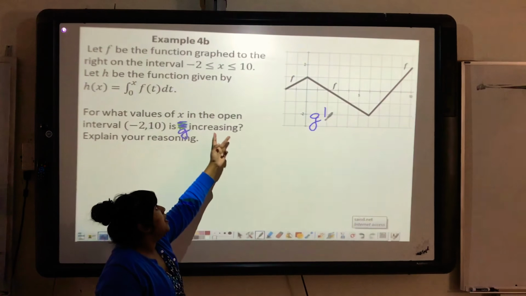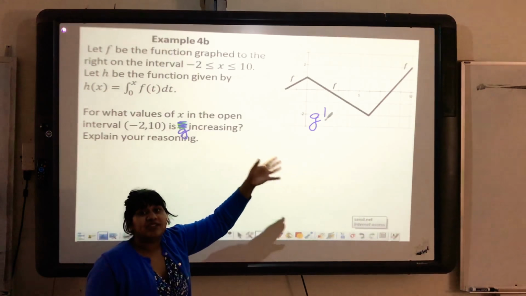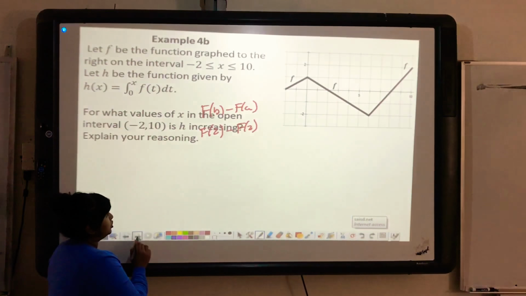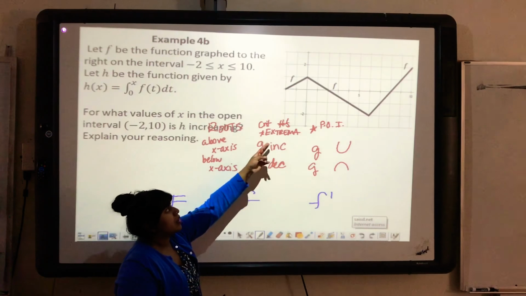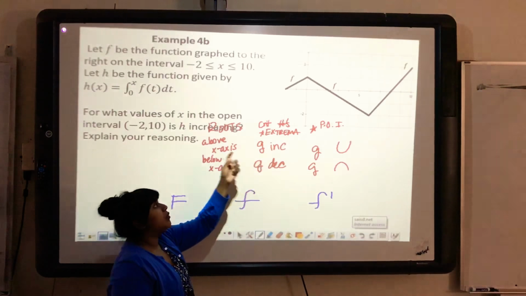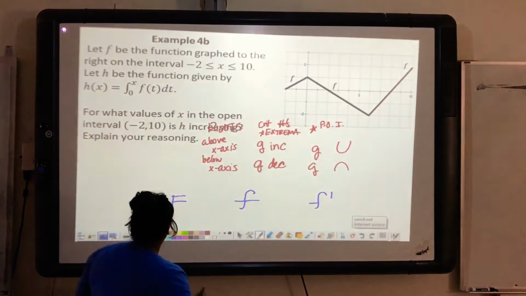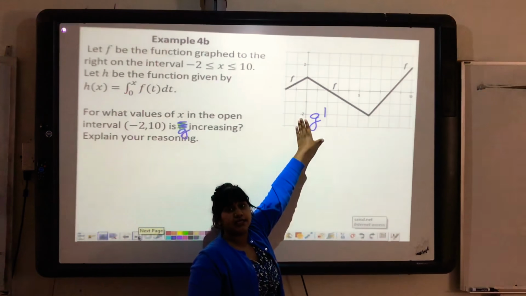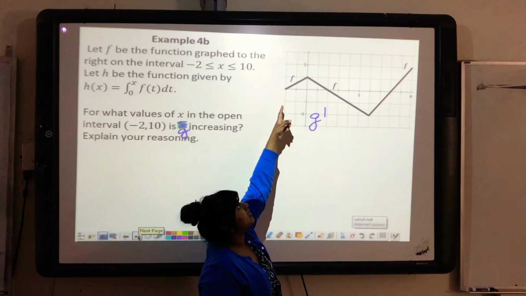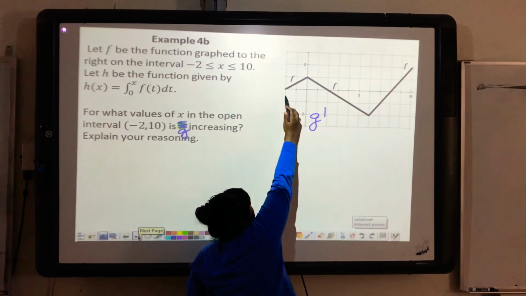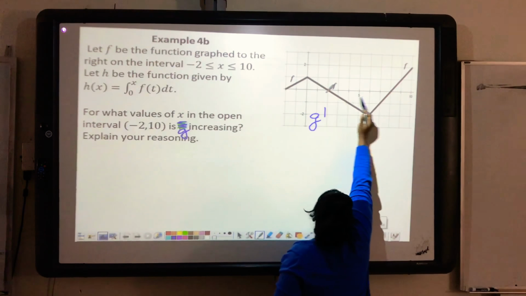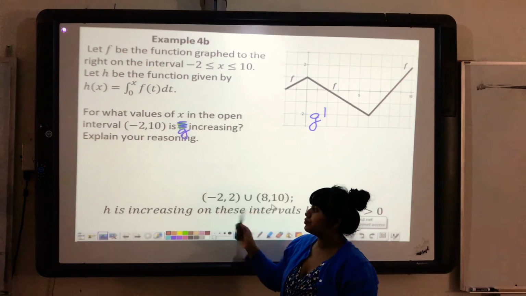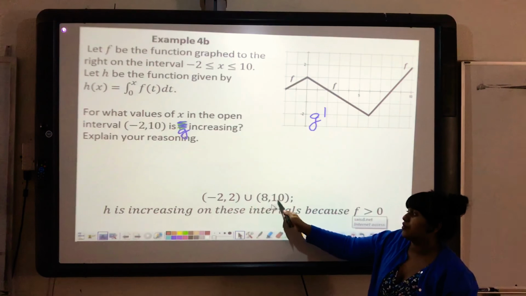But what does g prime have to be doing for g to be increasing? It was positive. So where am I positive on this graph? Where am I above the x-axis? So from -2 to 2, and from 8 to 10.